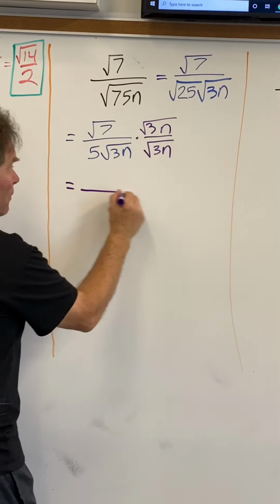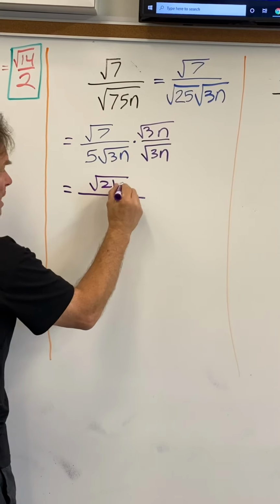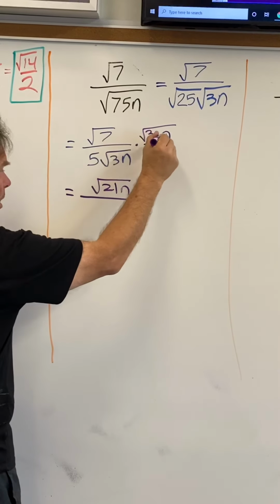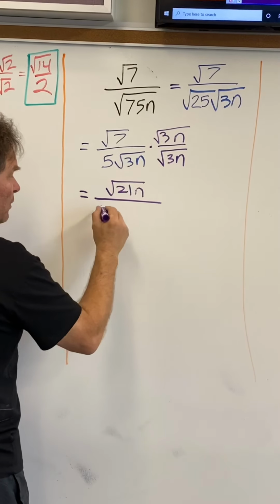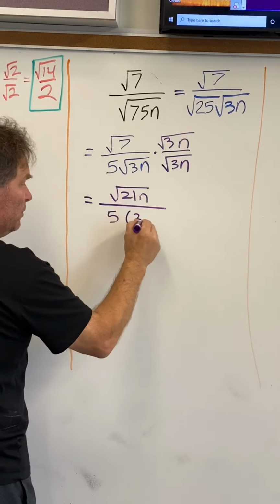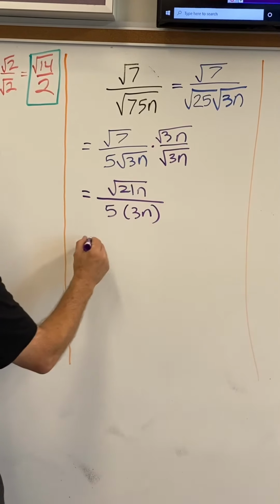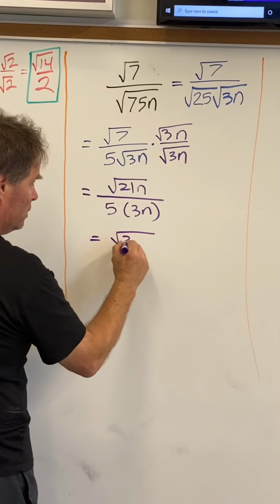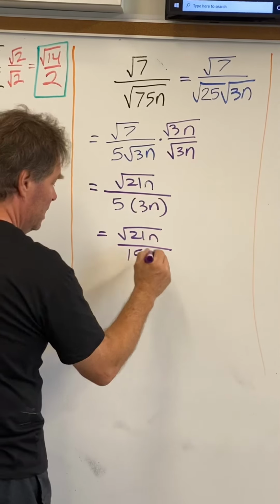Now look what happens. On the top, I get square root 21n, right? 7 times 3, root 7 times root 3n is root 21n. And this is going to be 5 times root 3n times root 3n, which is just regular 3n. 5 times 3n in the bottom. So here's what it becomes. Root 21n over 15n.